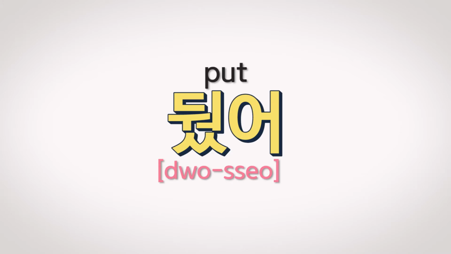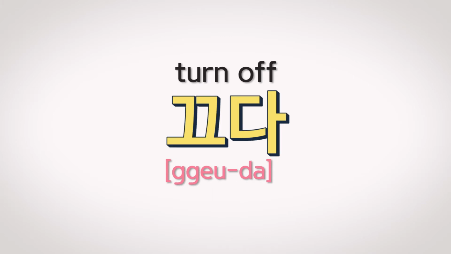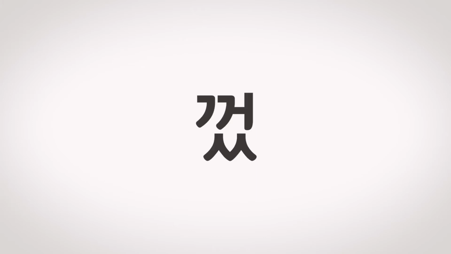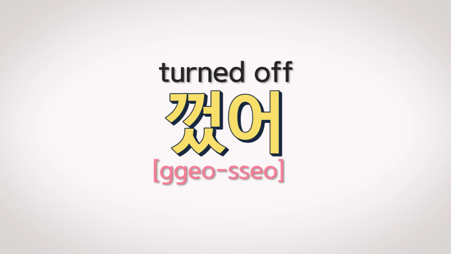The past tense of put is 뒀어. 끄다 is turn off, and 끄 plus 었 is 껐. The past tense of turn off is 껐어.